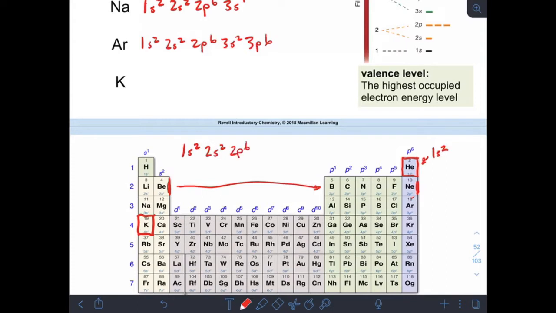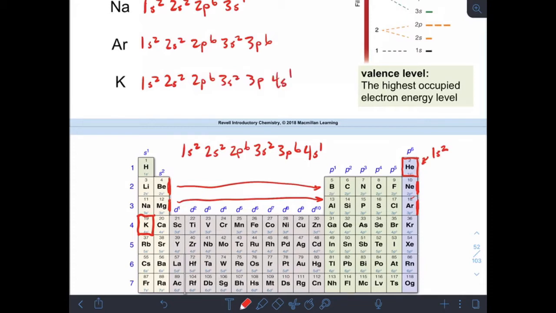Now I'm in row 3. Magnesium's 3s2. Continue across. Aluminum is 3p1 all the way over to argon, which is 3p6. And finally we're in row 4, and potassium is 4s1. 1s2, 2s2, 2p6, 3s2, 3p6, 4s1.